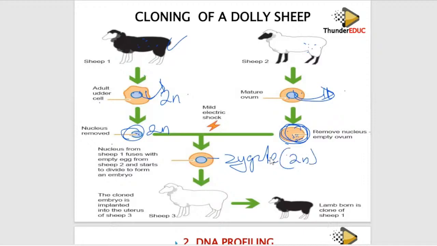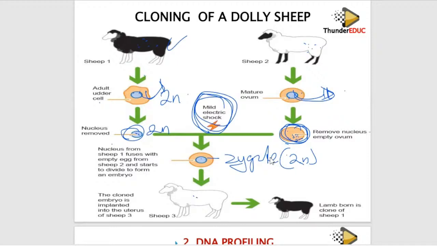So if they ask you how many chromosomes are here, if they say the sheep has 24, therefore it's going to be 24, or it's 2N. Yes, you understand? So now, which method do we use? We also ask you about the method, it is mild electric shock. Then you have here the foster mother.